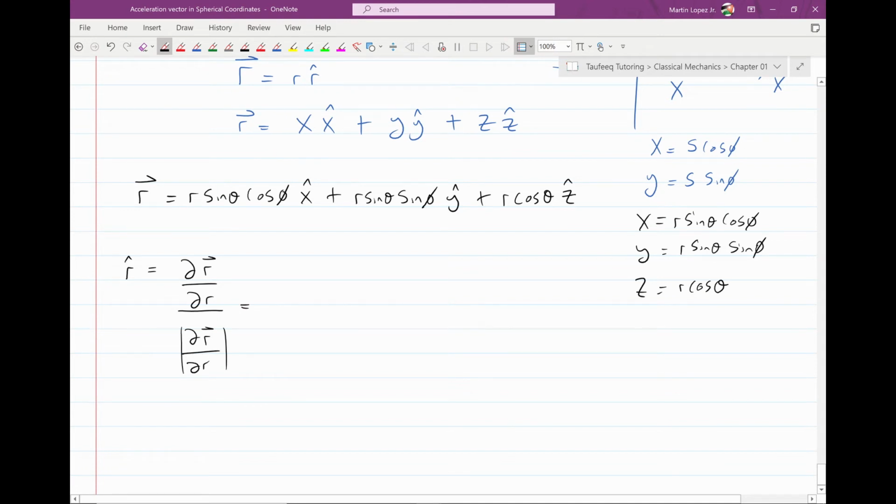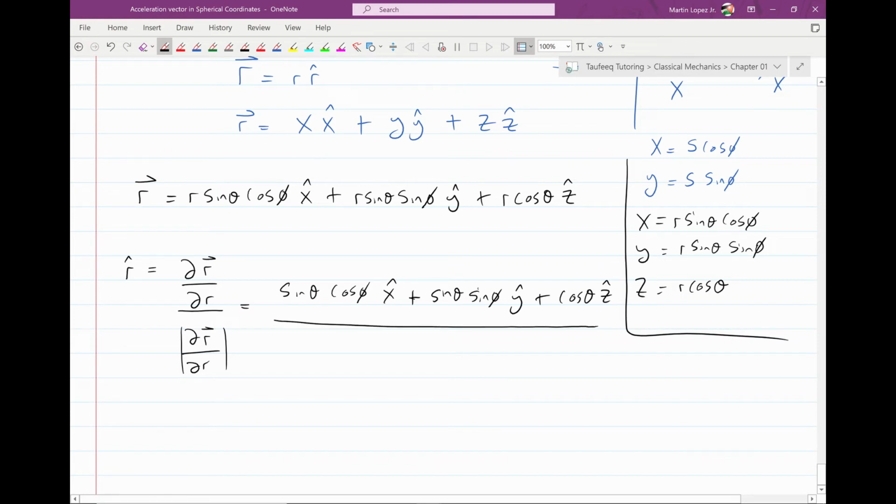And remember, theta and phi are constant. This is a partial. We're keeping everything the same except for r. So it's just going to be sine theta cosine phi x hat plus sine theta sine phi y hat plus cosine theta z hat, over the magnitude of the numerator.